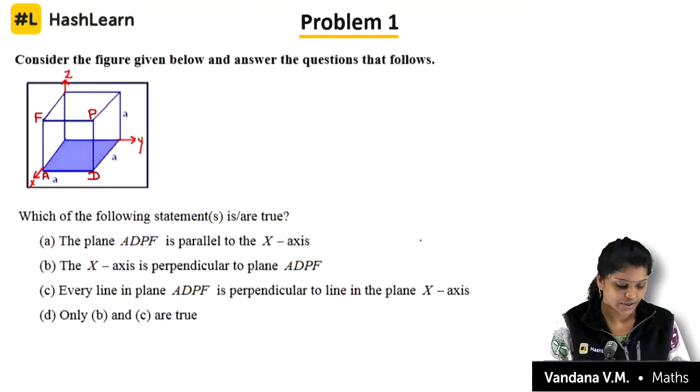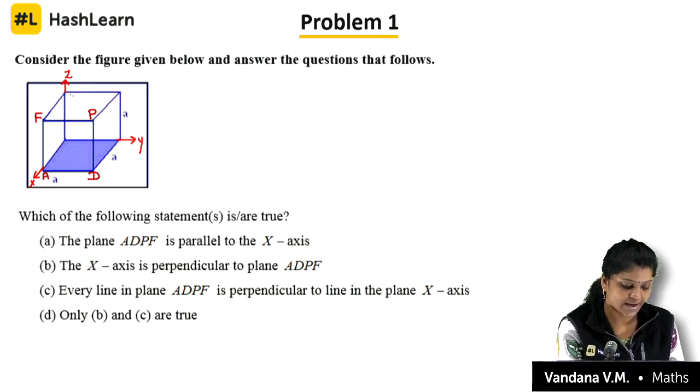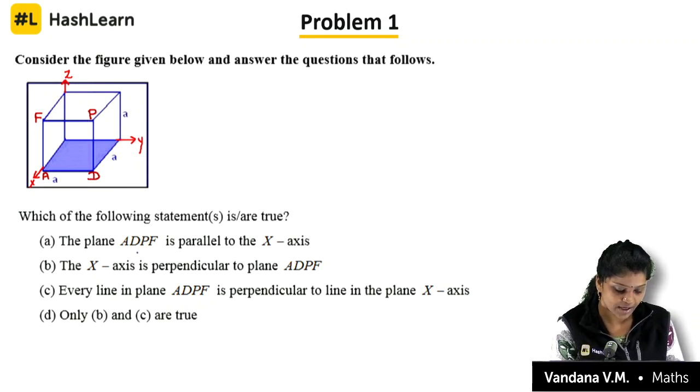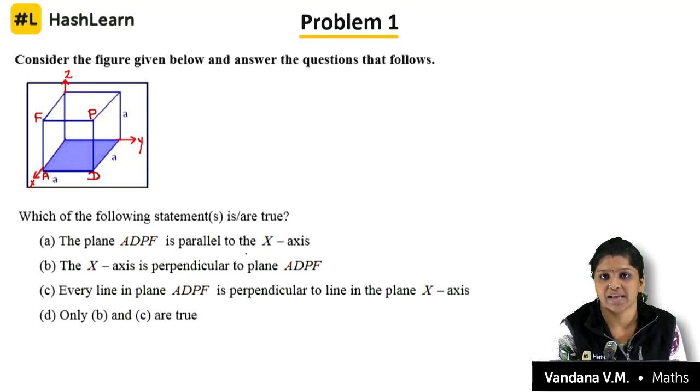Okay. Now let us start doing some problems. Take this diagram and tell me which is the true statement. If you have the diagram like this, with x-axis, y-axis and z-axis, this is A, this is D, this is PF. They are telling that the plane ADPF is parallel to the x-axis. Is it parallel to the x-axis?